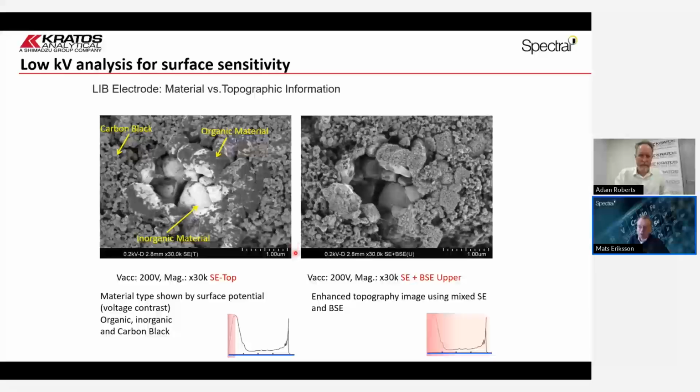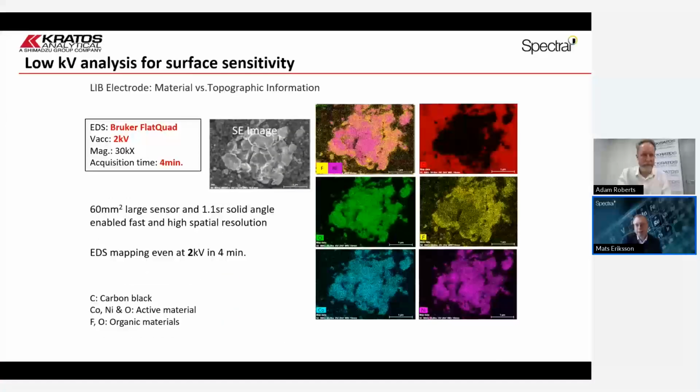The surface chemistry could cause a variation in electrical conductivity, which then results in a contrast change. It's interesting to see that this imaging capacity matches XPS sensitivity, of course with high lateral resolution at the same time.